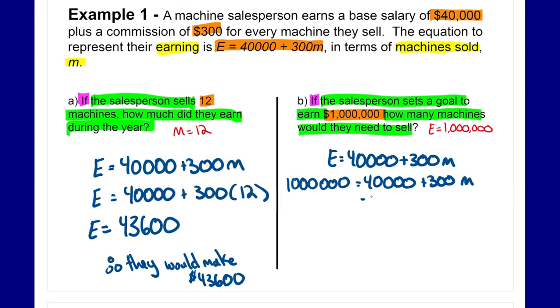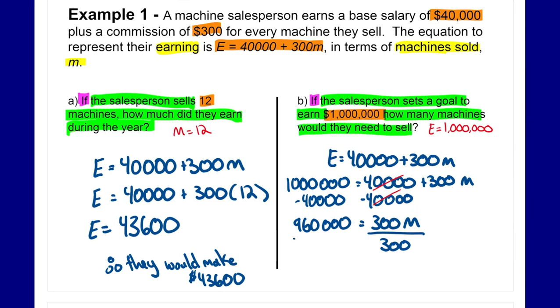I'm going to move my separate term first, or the non-variable term. So I'm going to subtract 40,000, subtract 40,000. One side cancels out. I'm left with 960,000 equals 300M. To cancel out the 300, I'm going to divide by 300 on both sides.